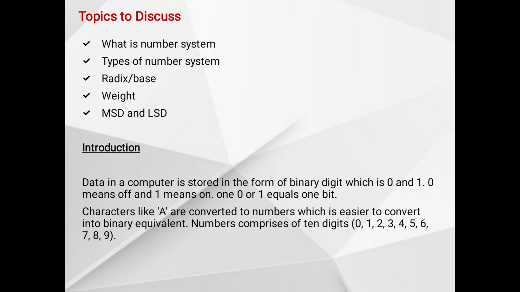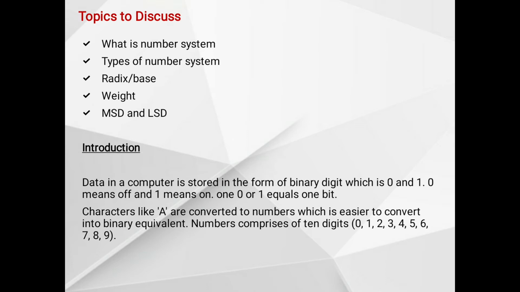If you have 4 bits of zeros and ones, like 0101, that is called a nibble. If you have 8 bits, a combination of 8 zeros and ones in total, it is called a byte. And if you have 16 bits, 16 zeros and ones, then it is called a word.